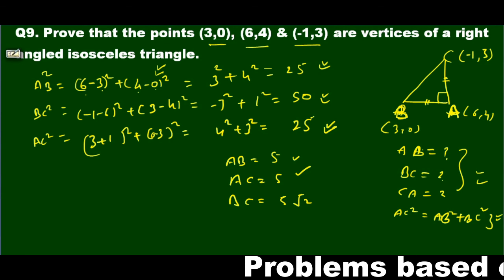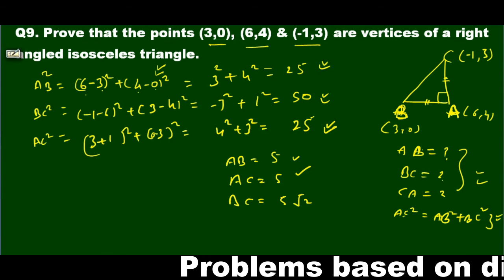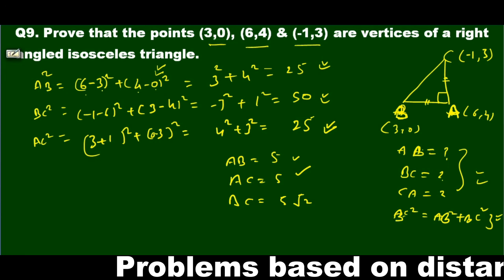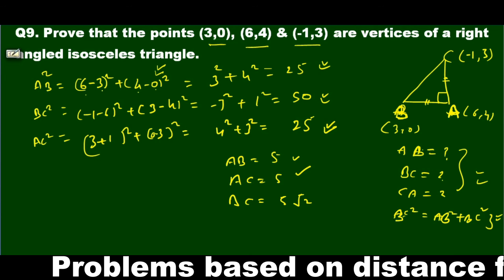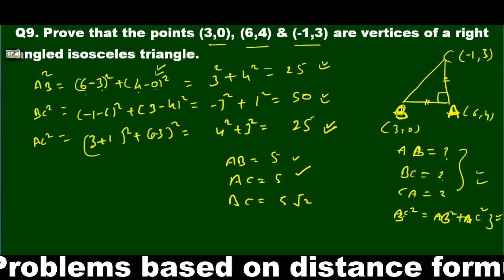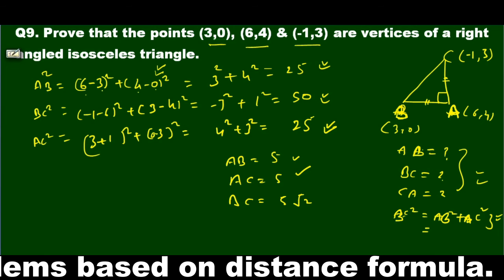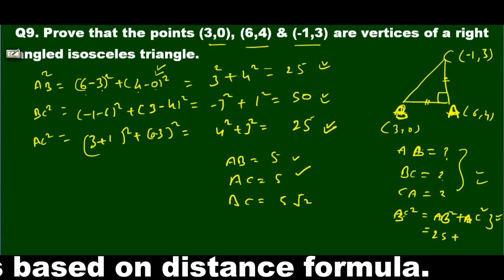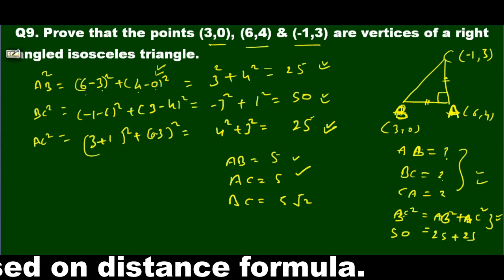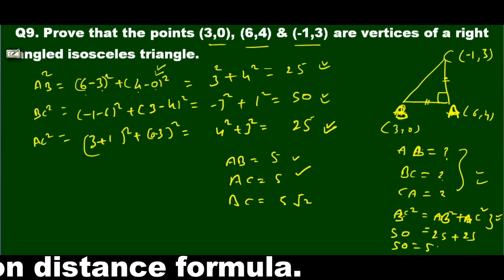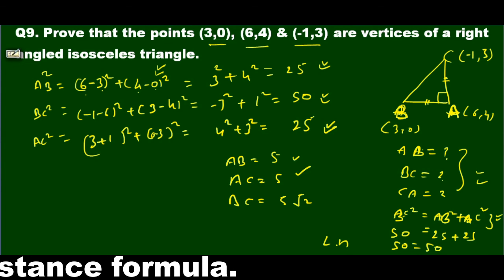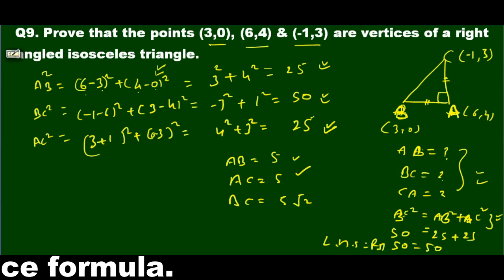Clear? So here it should be BC square equal to AB square plus AC square. So the value of AB square is how much? 25. AC square is 25. This is 50. So 50 equals 50, means LHS equals RHS.